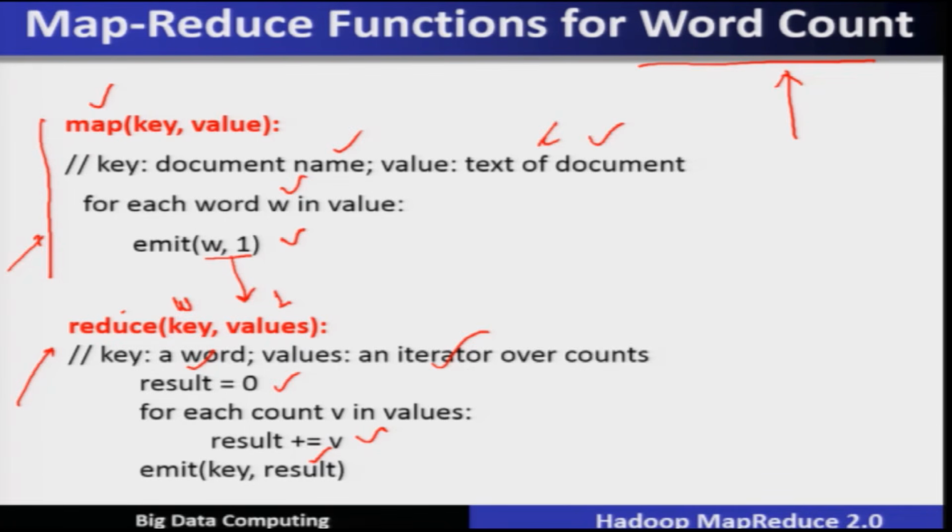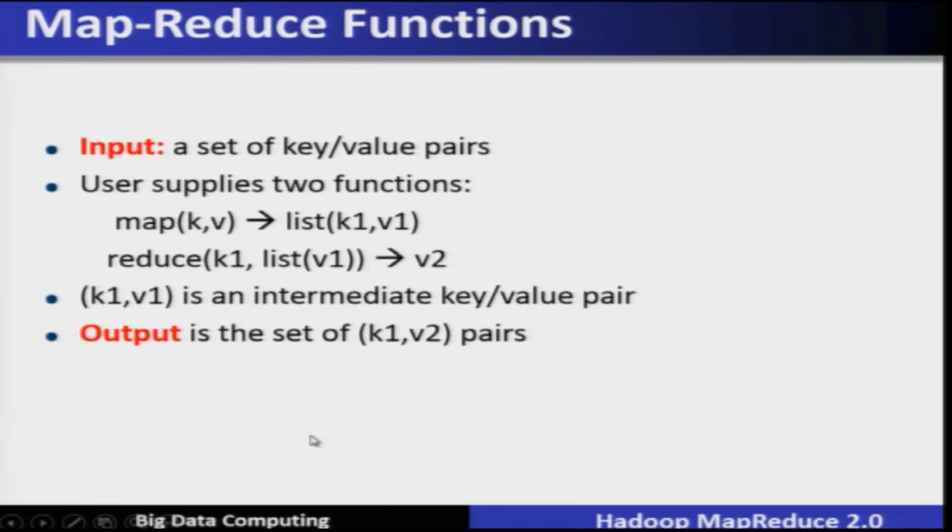So, this has explained the MapReduce paradigm, and let us see some more detail of it. Here we have the input as a set of key-value pairs, and the user has to specify the map function, wherein he has to specify what is key and what is value.